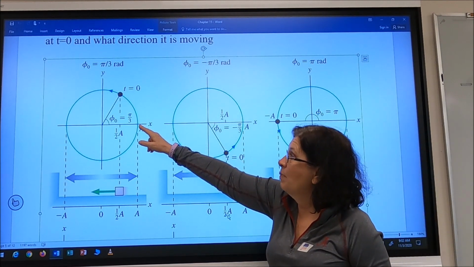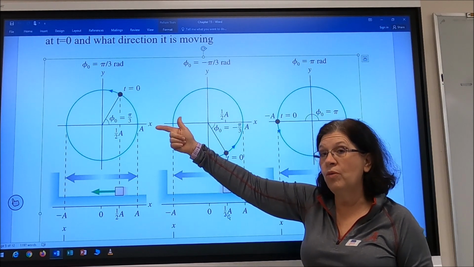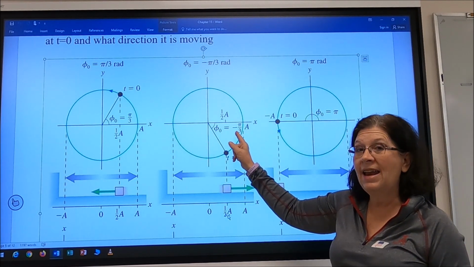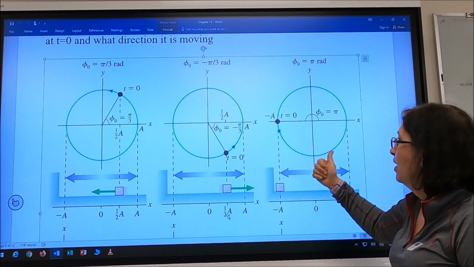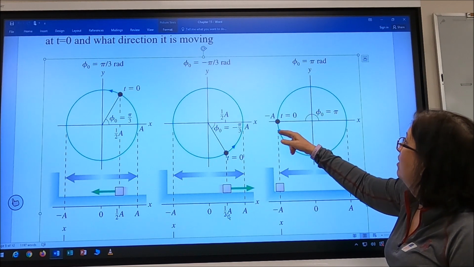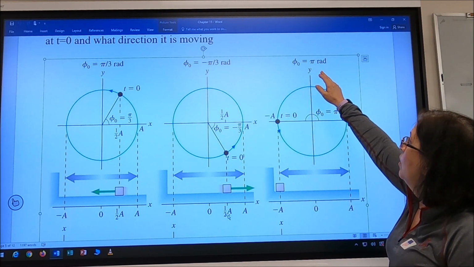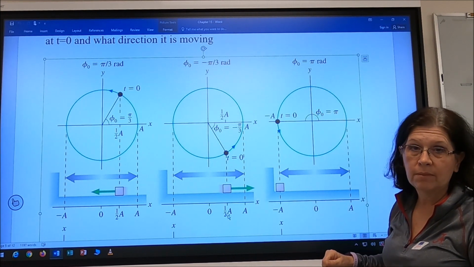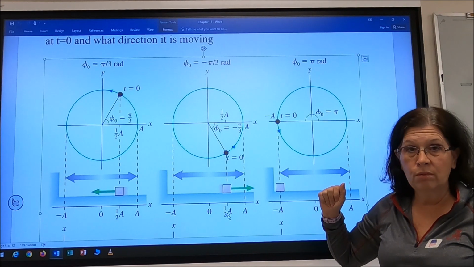So if you see a plus pi over 3, it tells you you're moving in the negative direction. If you see a negative pi over 3 as your phi 0, you know you're going in a positive direction. If you are at minus A, phi 0 is pi. Okay? And the velocity there is 0.